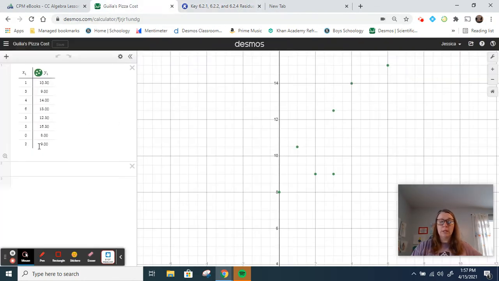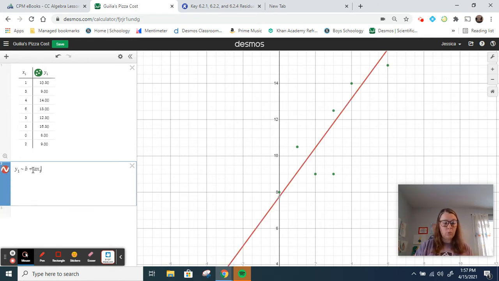All right, so here's her data. We're going to get that the same way as we did before. I'm going to go to the next line and type y1 and then my tilde and then b plus a x1. And then here it's giving me my b value and my a value, and that's what I need to be able to write my equation.